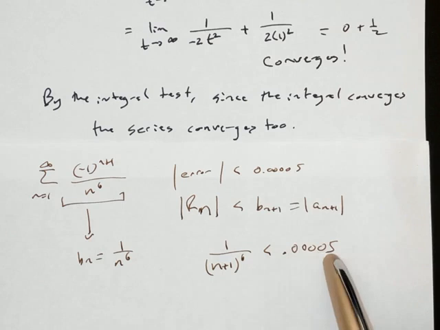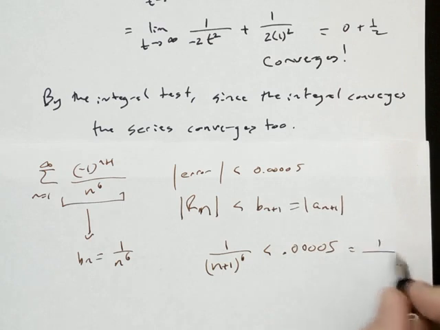It's 5 over 100,000, right? 5 over 100,000 is 1 over 20,000. The other way to think of it is 0.5 is a half. I have 4 more decimal places, so I've got to move 4 more zeros.